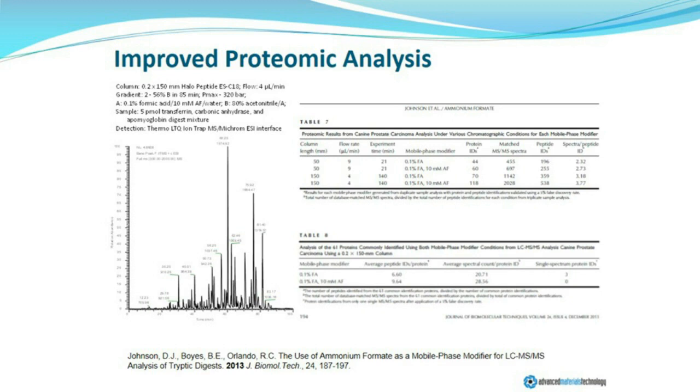We did this not only for a synthetic mixture of standard proteins, but we also did it in a more realistic proteomic analysis looking at canine prostate samples, so soluble canine prostate proteins.